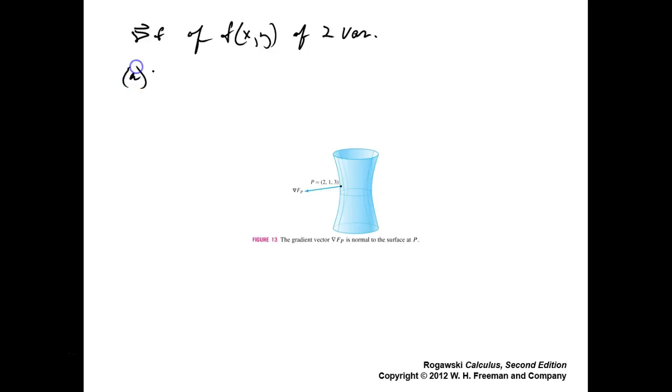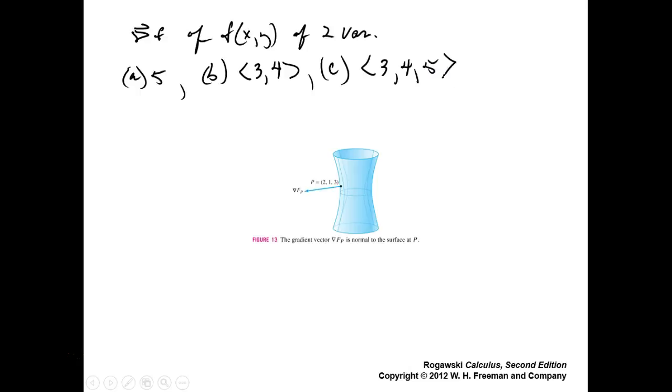A: 5. B: angle bracket 3, 4. Or C: angle bracket 3, 4, 5. Which of those is a potential gradient of the function f of x, y in two variables, x and y?